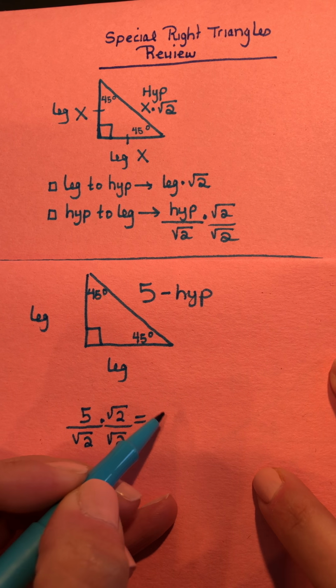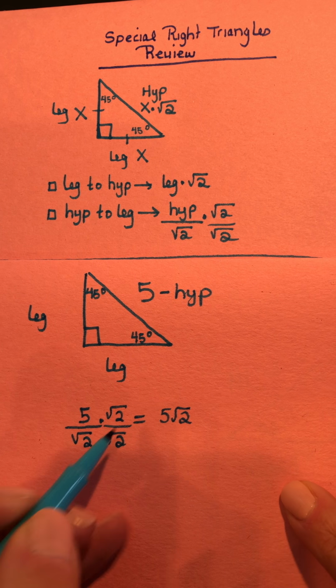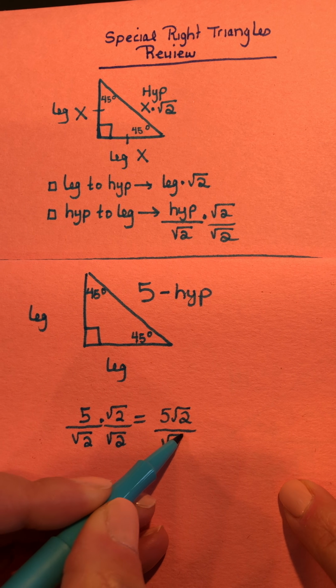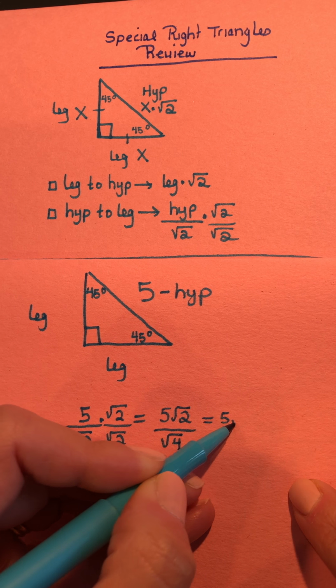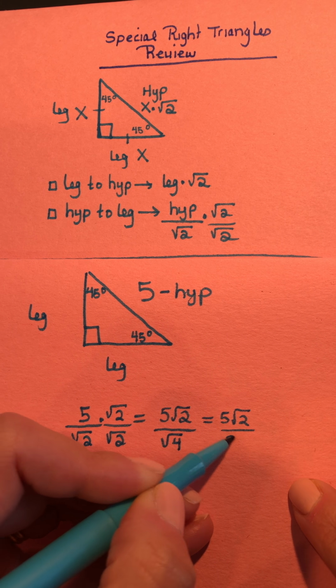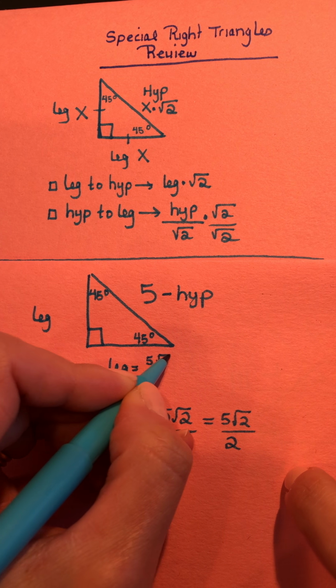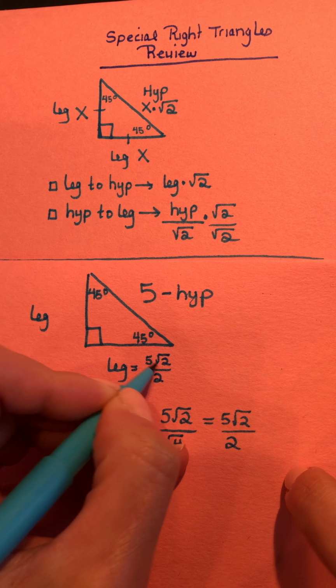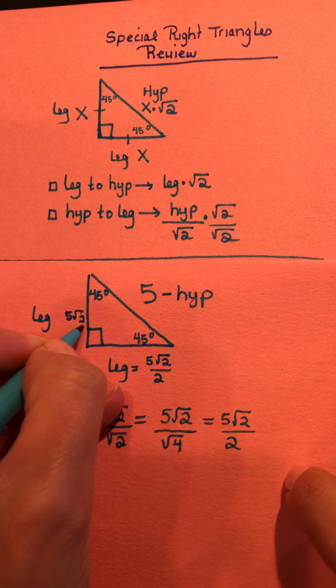So 5 times root 2 is 5 root 2. Root 2 times root 2 is the square root of 4, but you all know the square root of 4 is 2. So 5 root 2 over 2 is the length of the leg of the special right triangle. And I can just copy this one because they are exactly the same, okay?